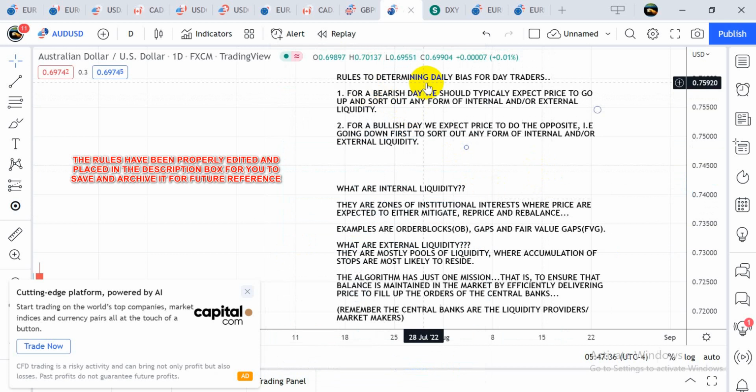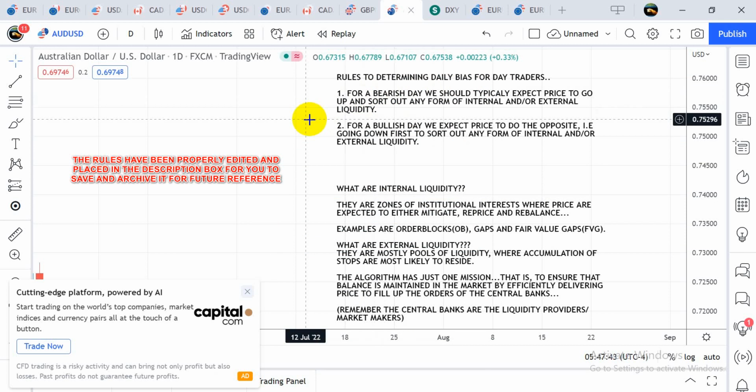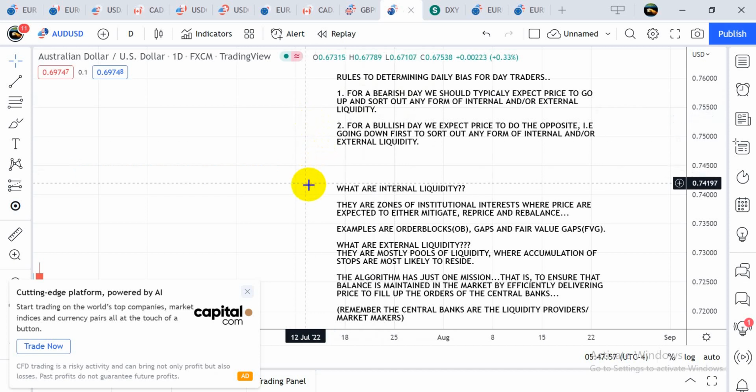Rules to determining daily bias for day traders. One, for a bearish day, we should typically expect price to go up and sort out any form of internal or external liquidity. Two, for a bullish day, we should naturally expect price to do the opposite, that is going down first to sort out any form of internal or external liquidity.